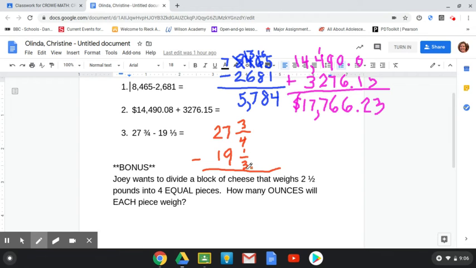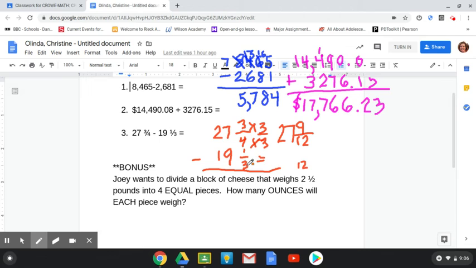The least common multiple of 4 and 3 would be 12. And I think, what did I do to 4 to get to 12? I multiplied by 3. So I need to do that on the top. 3 times 3 is 9. And then I bring the 27 over.